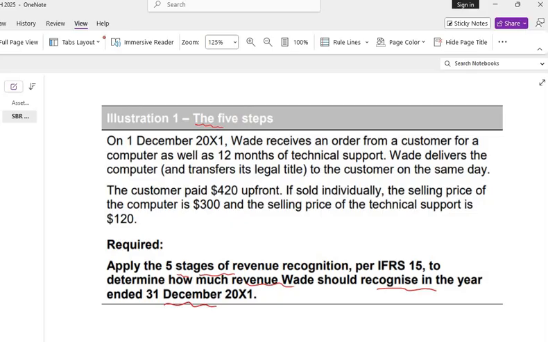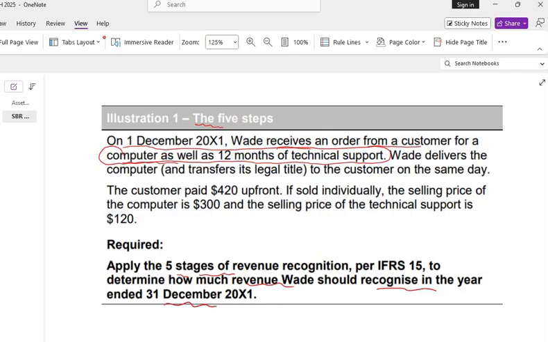Clear? On 1st December, W received an order from a customer for a computer as well as 12 months of technical support. So the contract shows that there is an agreement between the supplier and the customer that the supplier will provide 12 months of services and will also provide a computer.